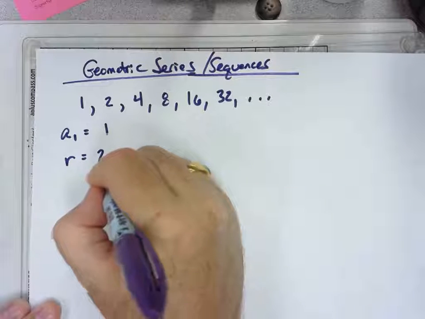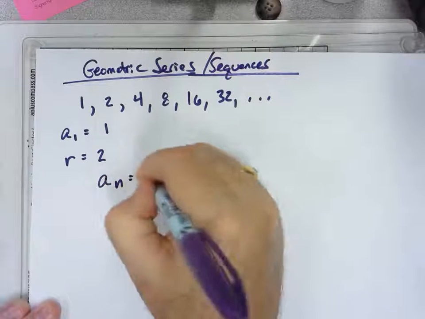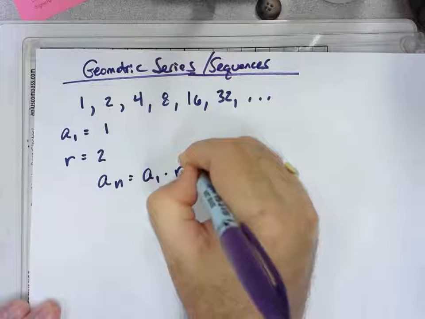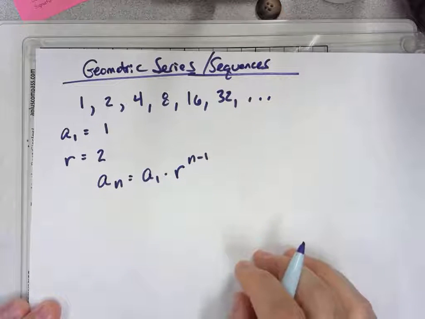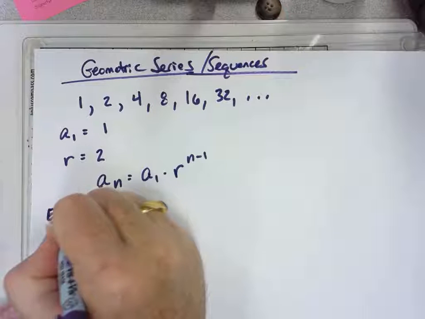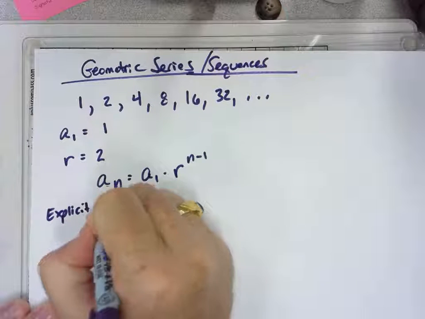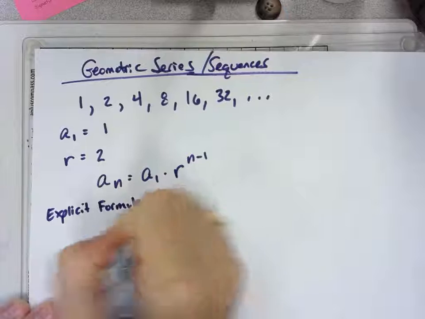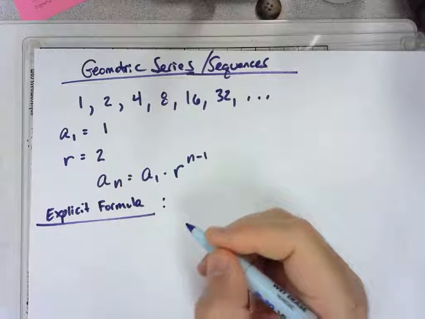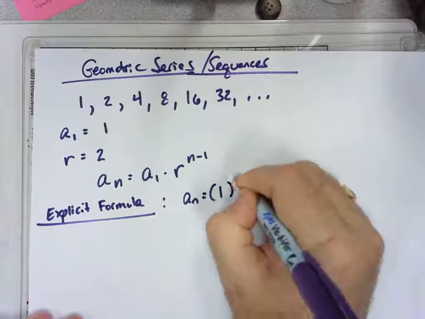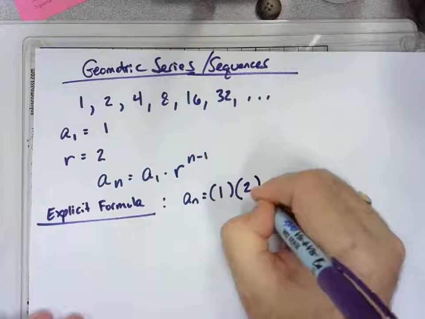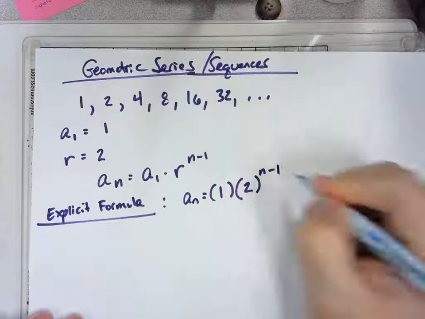And then the term a sub n is just a sub 1 times r to the n minus 1. Okay? So if I want to do the explicit formula, then I'm going to have a sub n is equal to 1 times 2 to the n minus 1.